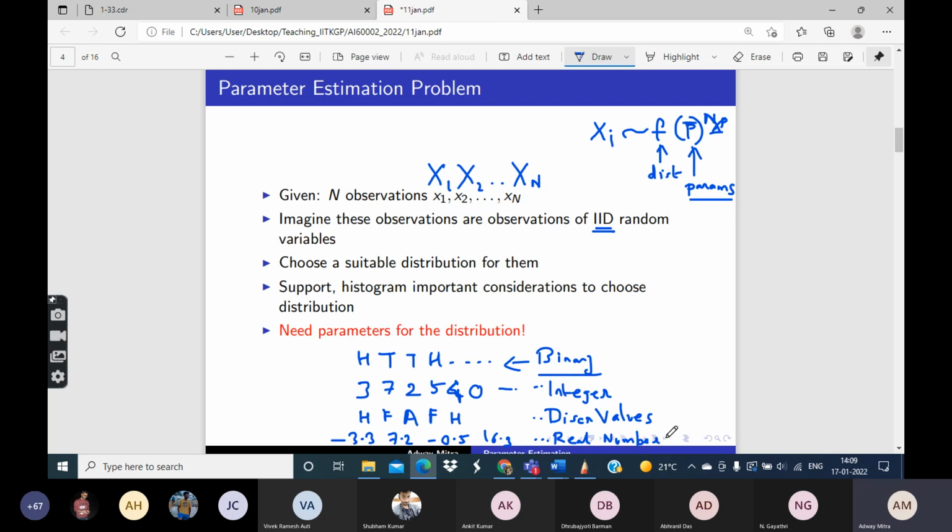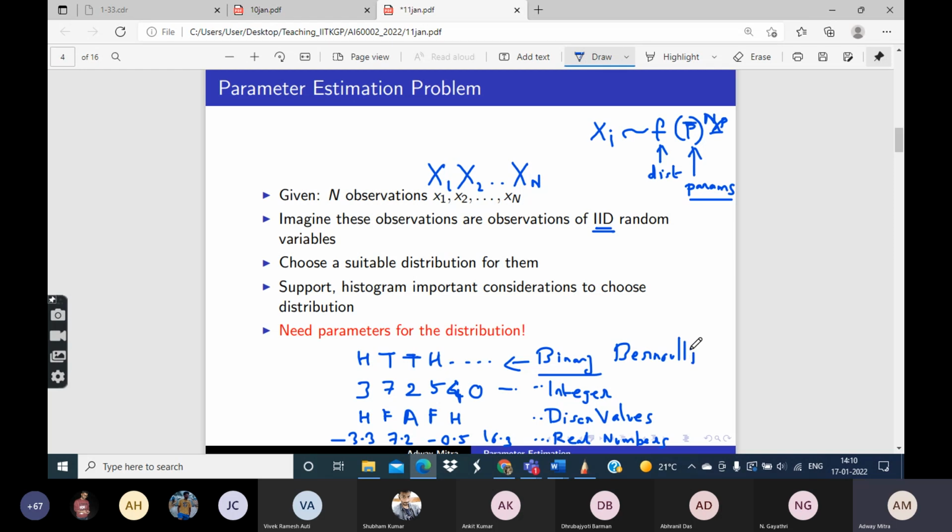Fine. So now, whichever distribution we choose, the support set of that distribution has to be consistent with the nature of the data which we have. If this is the nature of our data, clearly whatever distribution we use as f will have a binary support set, so probably we will go for the Bernoulli distribution.